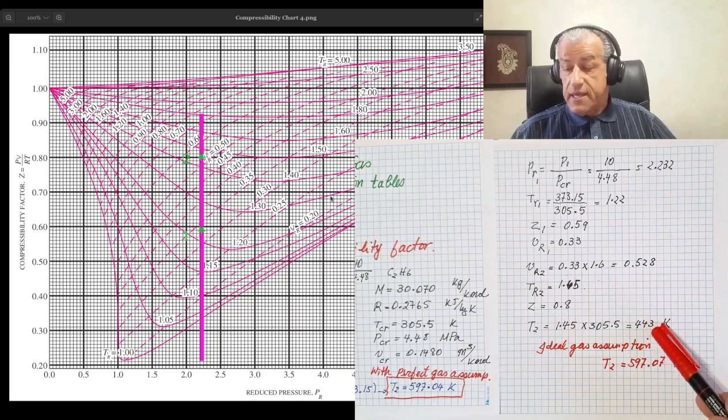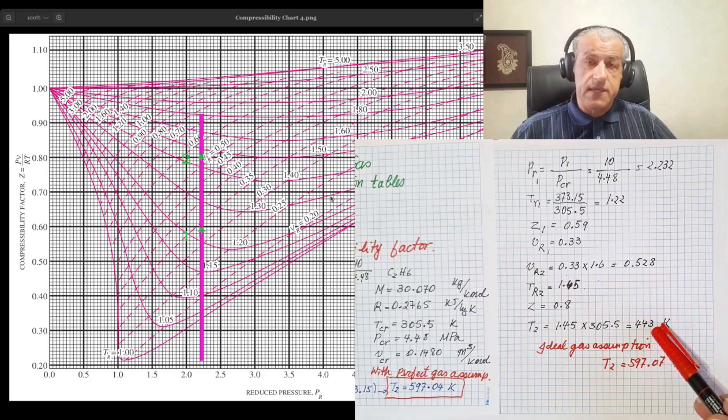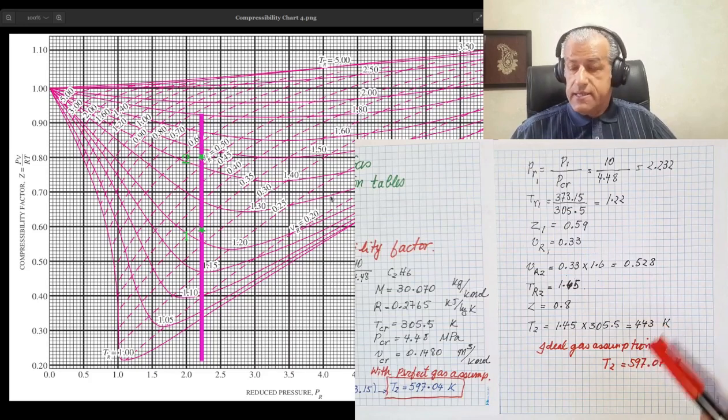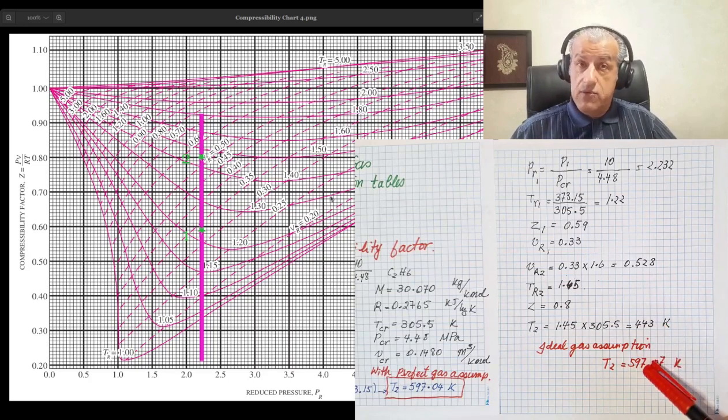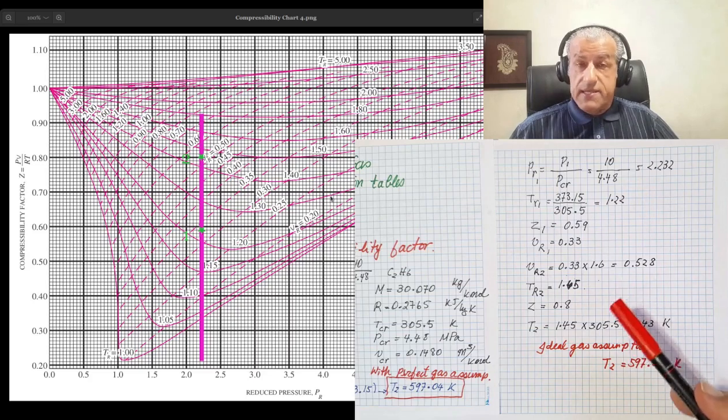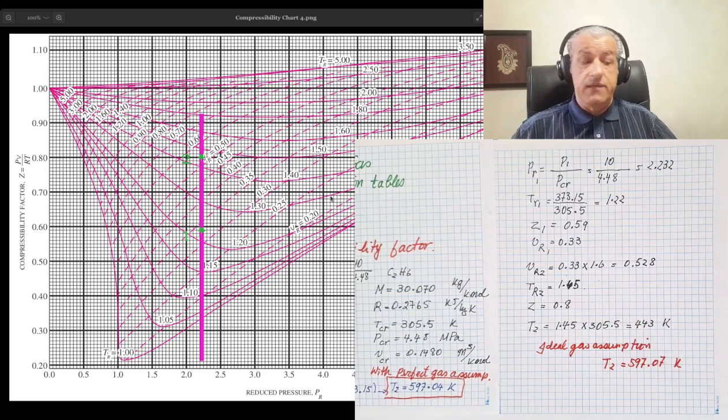But this is the correct value since it has assumed real gas, and this is the wrong value, since the ideal gas law is not valid for ethane in this range of temperature and pressure.